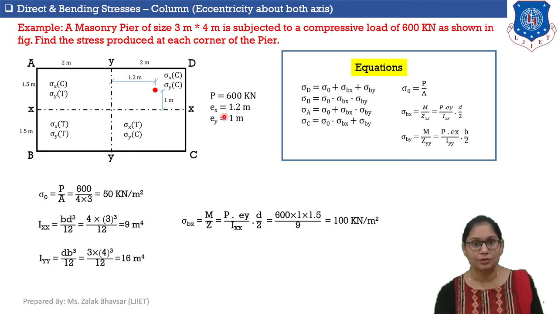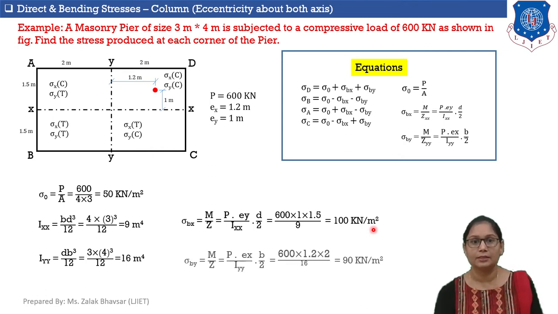Value of P, which is already given, 600. Eccentricity in y direction is 1 meter. Ixx that we calculated, it is 16, and d by 2 means depth by 2, which is 3 by 2, 1.5. So I am getting sigma Bx is equal to 100 kilonewton per meter square.